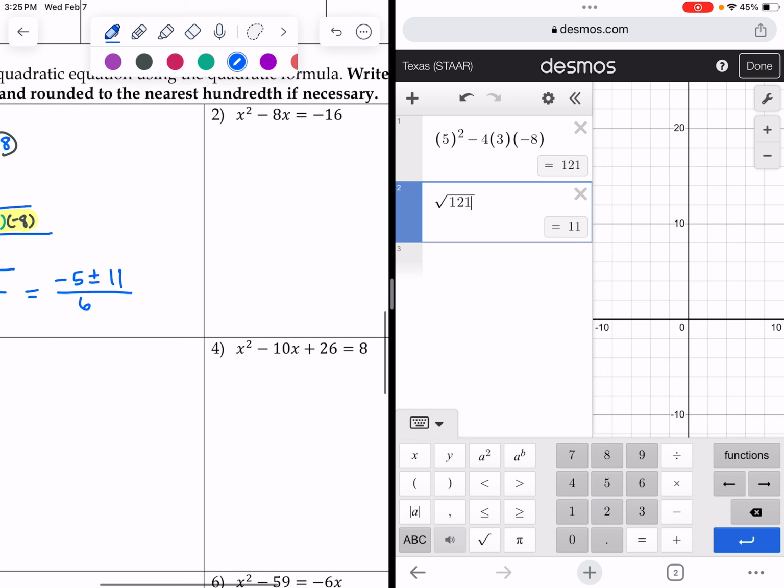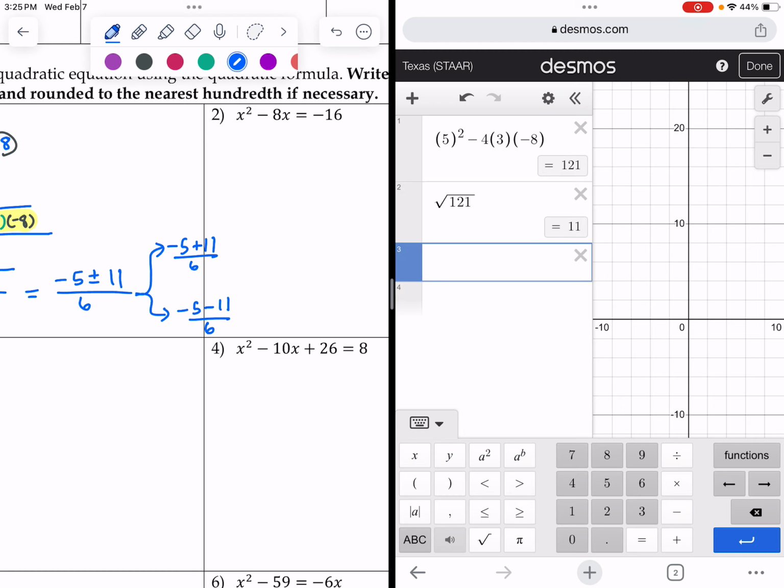Now that I have all whole numbers here, we can break this up into the plus or minus case. One case has the negative 5 plus 11 over 6. The other case has the negative 5 minus 11 over 6.